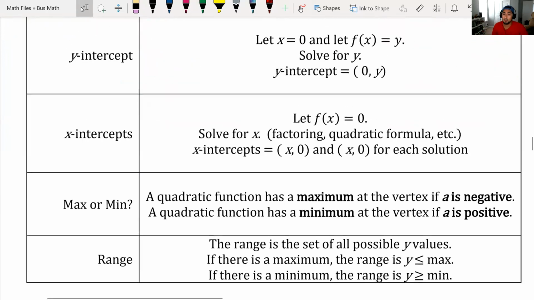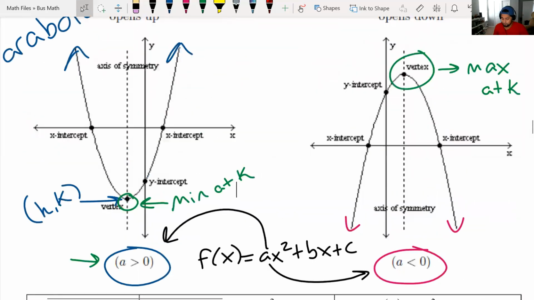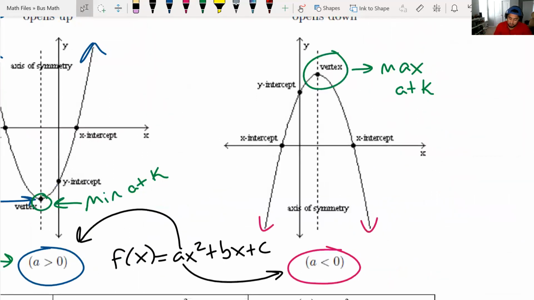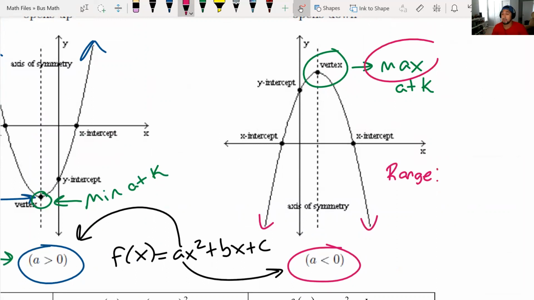Okay. Range. If you have a maximum, the range is all your y values up to the maximum. So let's go look at that. For this one, the range. The reason we start with this graph is because it has a maximum.